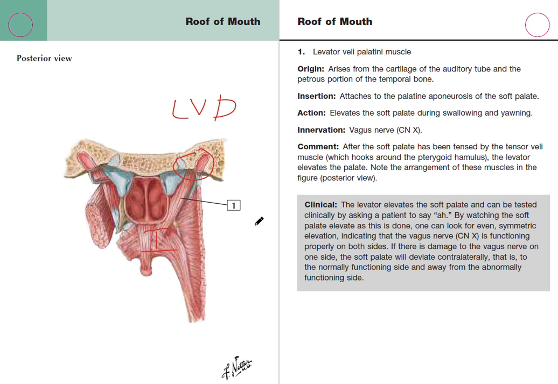The LVP, the levator veli palatini, elevates the soft palate during swallowing and yawning, and it is innervated by cranial nerve 10, the vagus nerve. After the soft palate has been tensed by the tensor veli muscle, which hooks around the pterygoid hamulus, the levator elevates the palate.